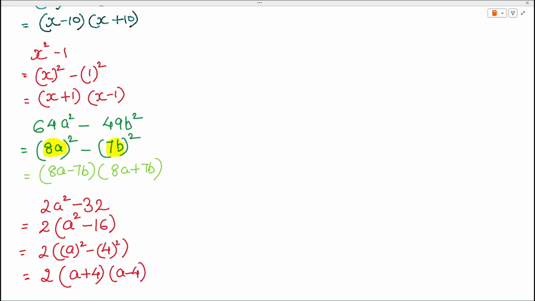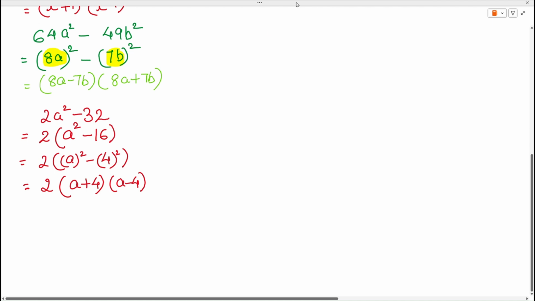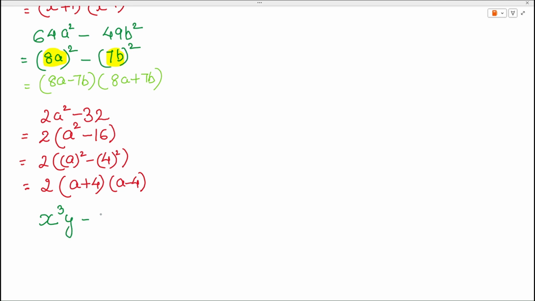So this is the complete process of factoring which involves common factoring as well. Let us look at a few more examples which will make the process more clear. We have x cubed y minus y cubed x.